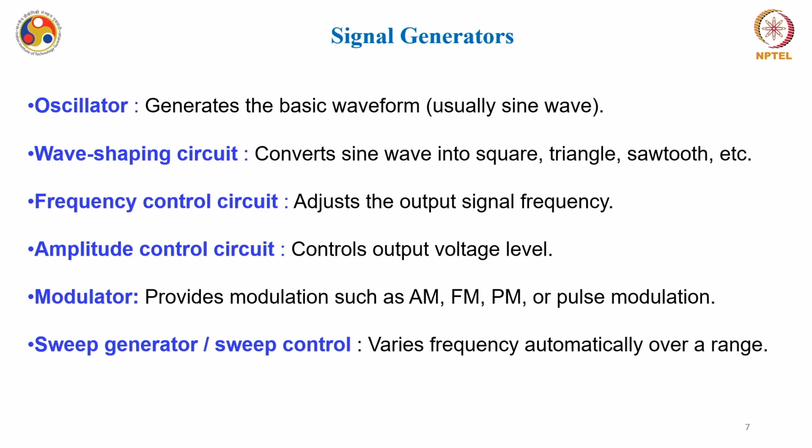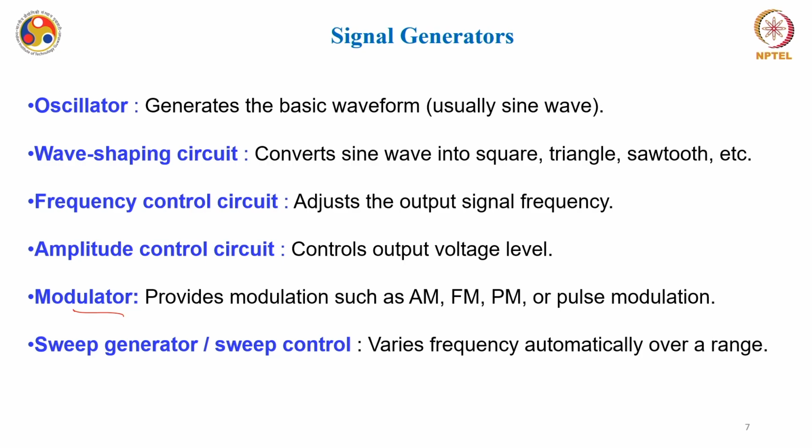It also has a frequency control unit and an amplitude control unit with which you can adjust the output signal frequency and the output voltage levels. It has different modulators which can provide amplitude modulation, frequency modulation as well as phase modulation. Sometimes for amplitude modulation and phase modulation only one modulator is used. It can also produce pulse modulation.